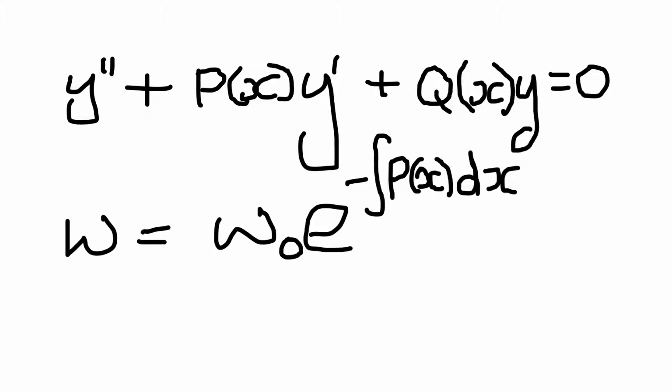And of course, the Wronskian, written as W, is equal to some constant, we've called it w sub 0, times e to the minus the integral of p of x dx, where p of x is equal to x.